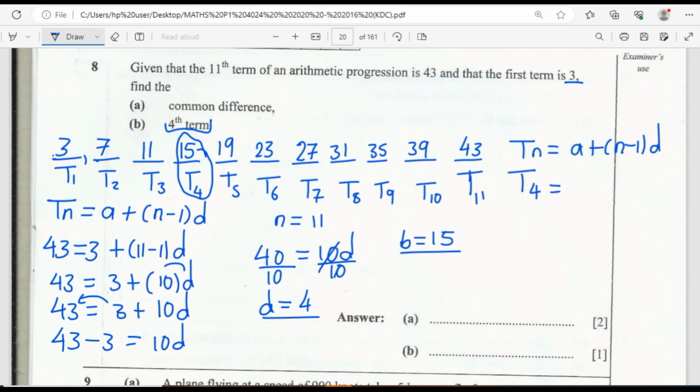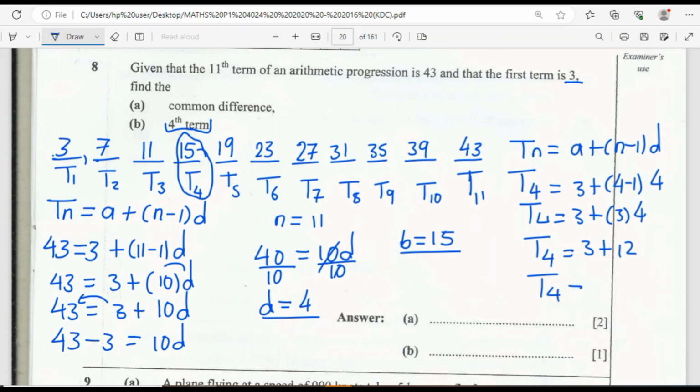Our A is 3, plus 4 minus 1, times our common difference, which is 4. So 4 minus 1 is just 3, times 4. So it's 3 plus 12, which will give us 15. So we are still getting the same answer here.